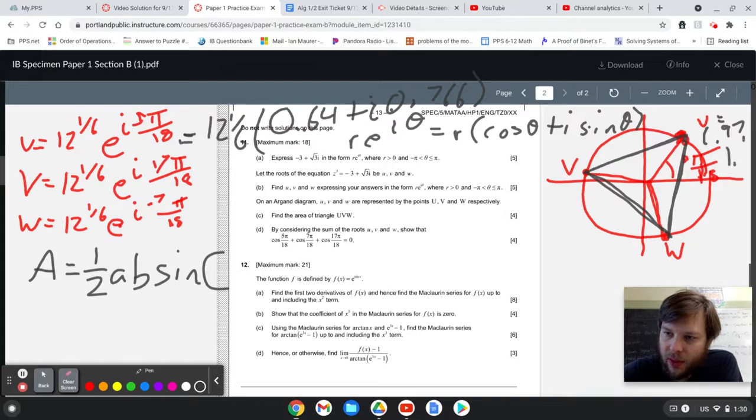So I'll write 1.16 like that. The V coordinates are found almost the exact same way. All you need to do is change 5 pi over 18 to 17 pi over 18.